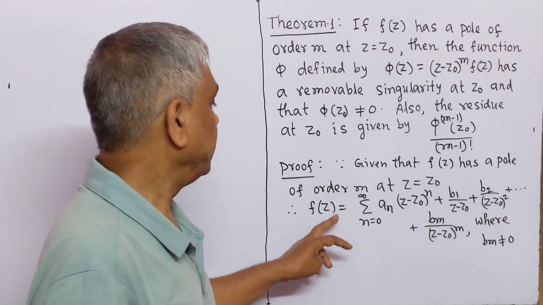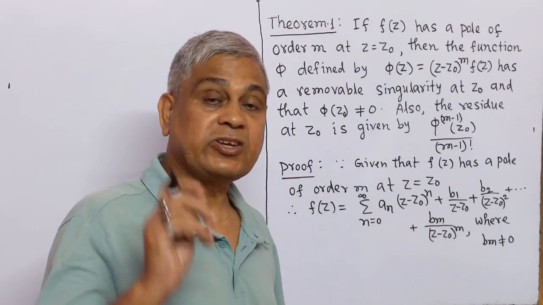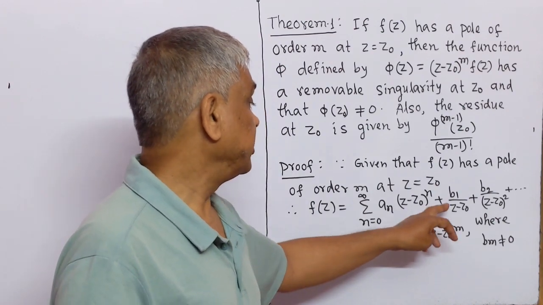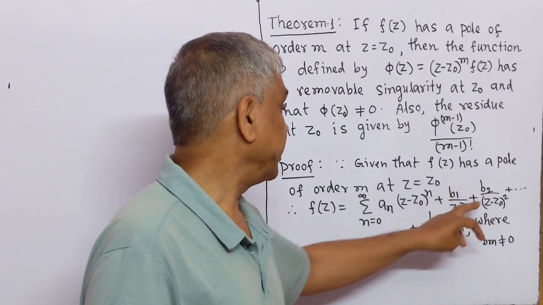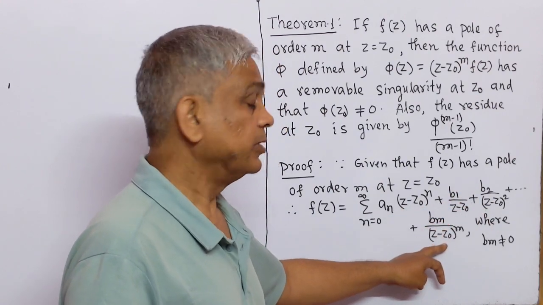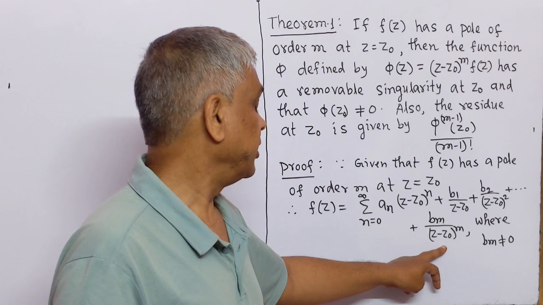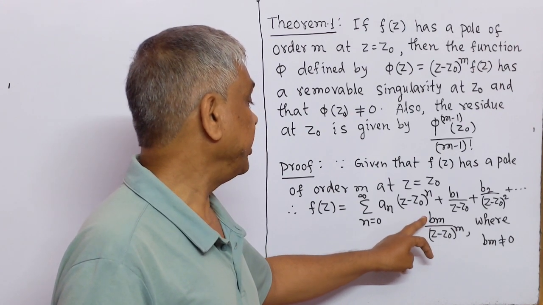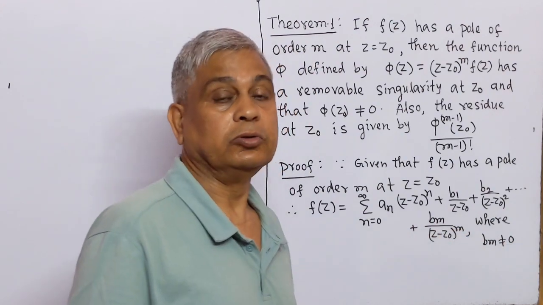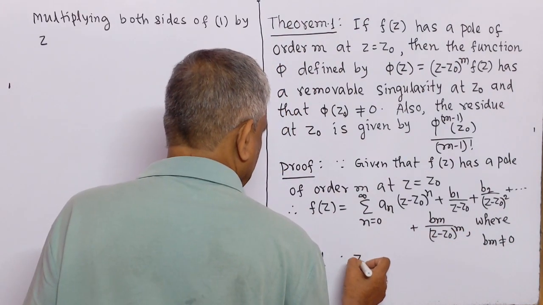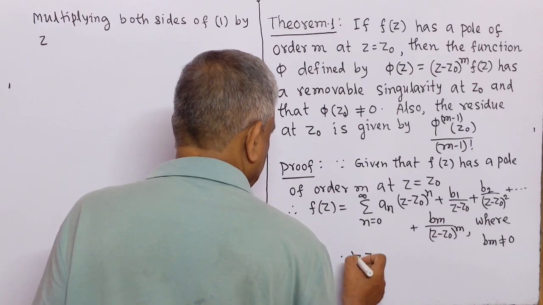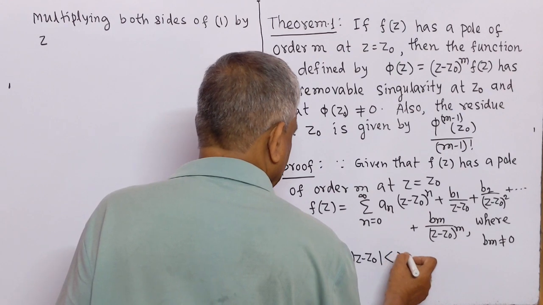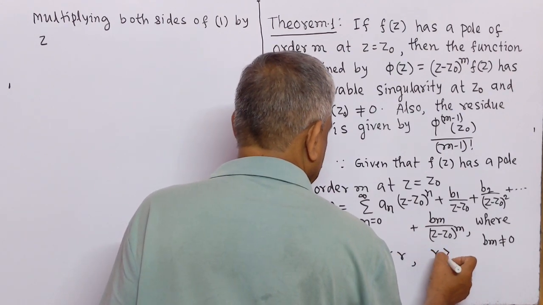This function has been expressed in a Laurent expansion, in which the principal part contains m number of terms, that is a finite number of terms, and the coefficient of the last term bm is not equal to 0, and modulus of z minus z naught is greater than 0, less than r, where r is greater than 0.